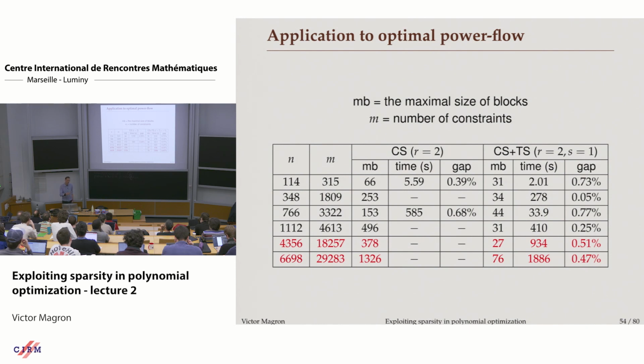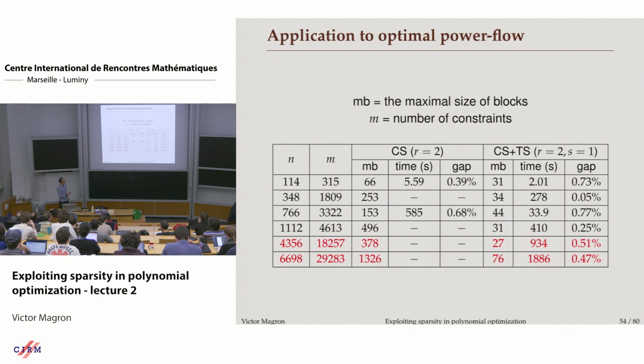The local solver gives you an upper bound, and the hierarchy gives you a lower bound, and then you compute the difference between these bounds, and this gives you the relative gap. Here, for instance, for this first problem, the gap is quite small. It's quite satisfactory.